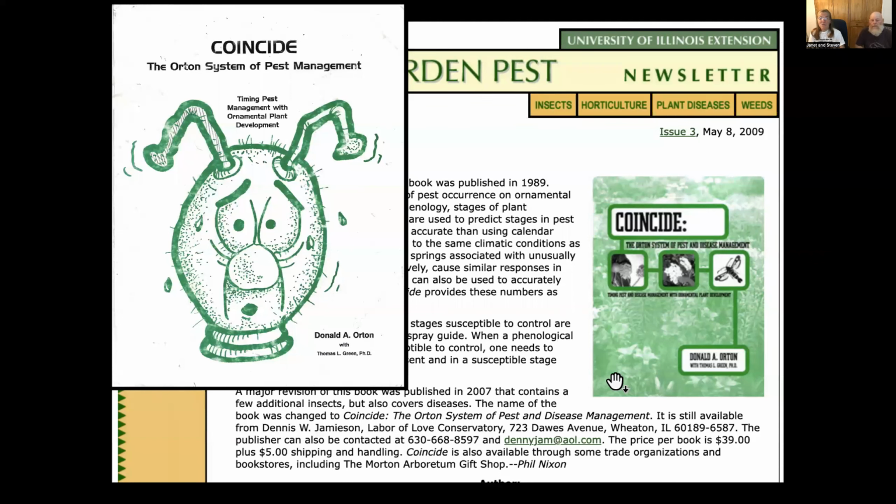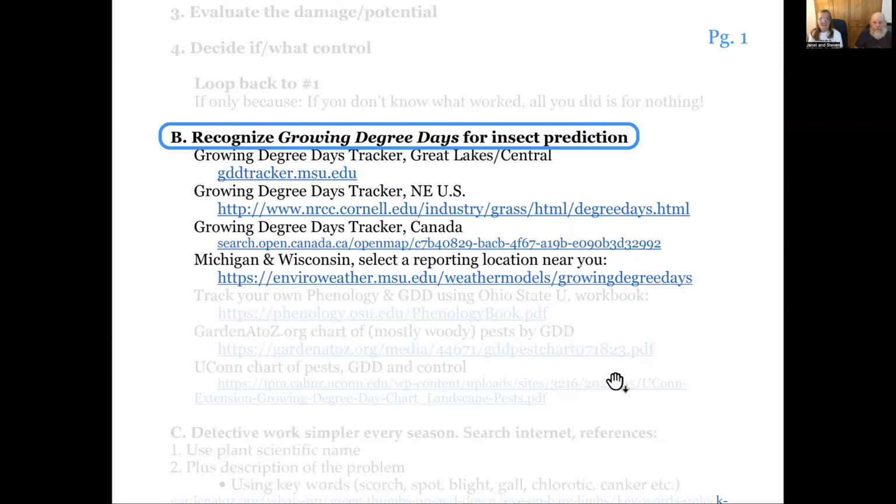Because of Don Orton more than anything else, phenology has been around for thousands of years probably, where farmers tell each other, plant your corn when the oak leaves are big as a mouse's ear. But it was his book that convinced the other extension educators that this was a good way to deal with things.